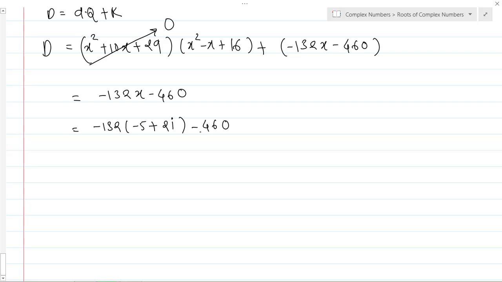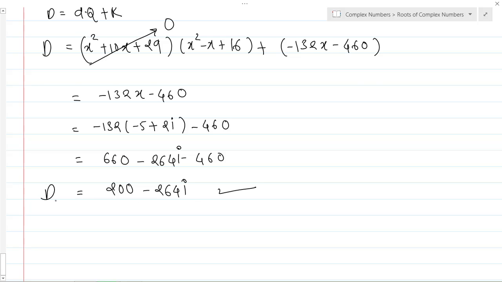Okay, so this is equal to 132 into 5, how much is it? 5 times 2 is 10, 5 times 3 is 15, 5 times 1 is 5, so 660. Minus, minus, plus, so this becomes minus 264i, and minus 460. So this is equal to 660 minus 460, which is 200, and this is minus 264i. That's it, this is my answer.